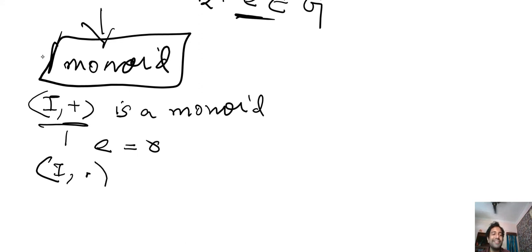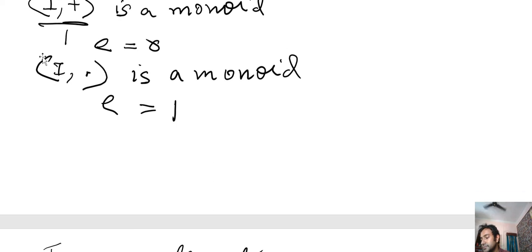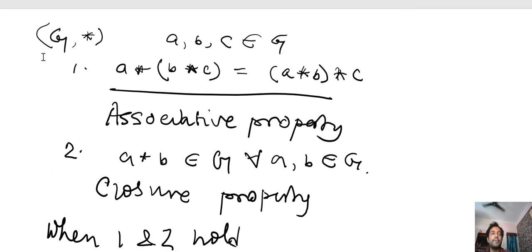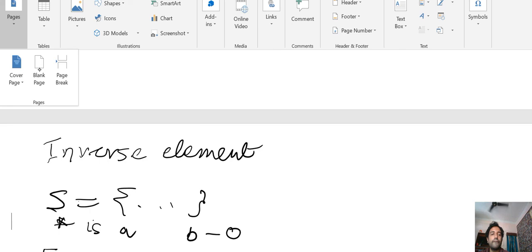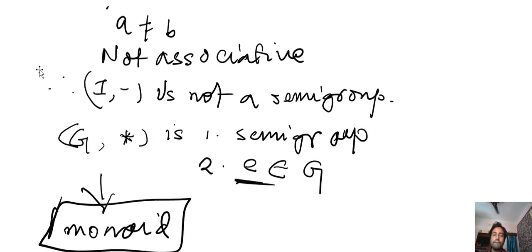I dot is a monoid. In this case, E is 1.